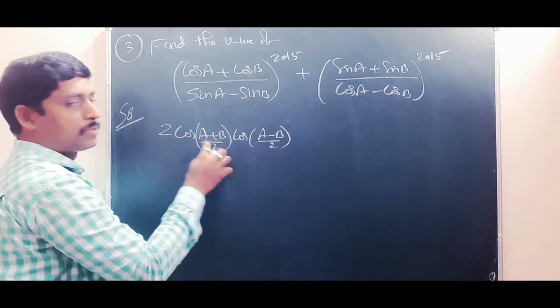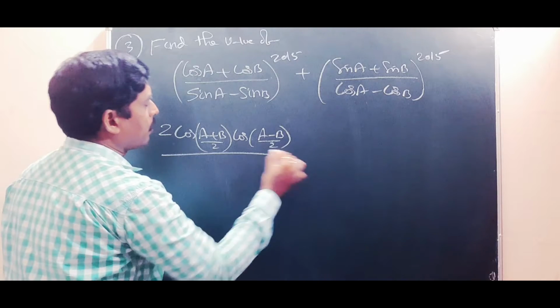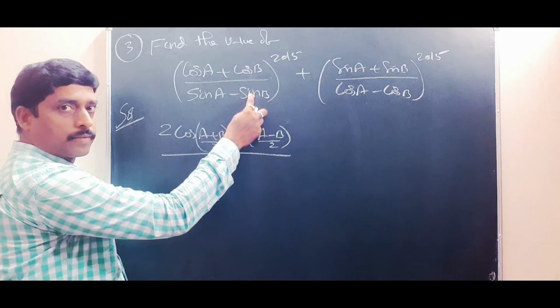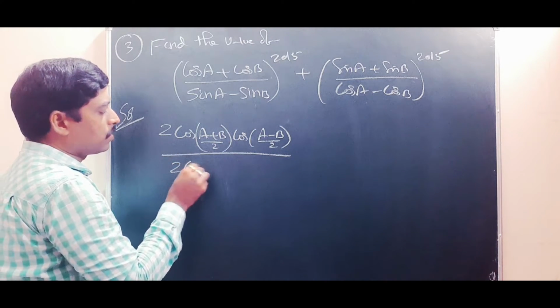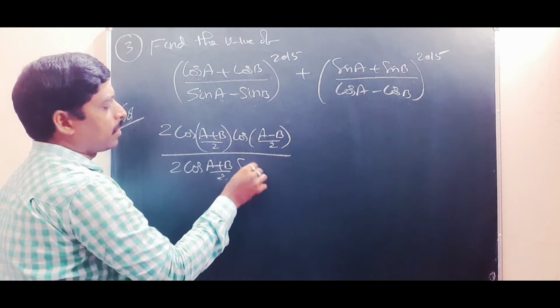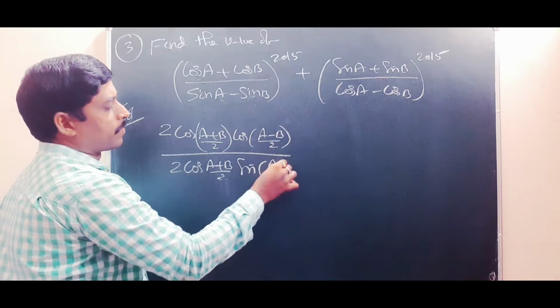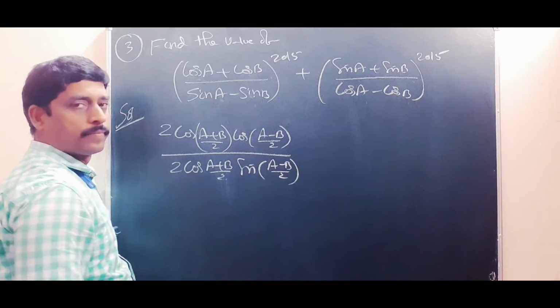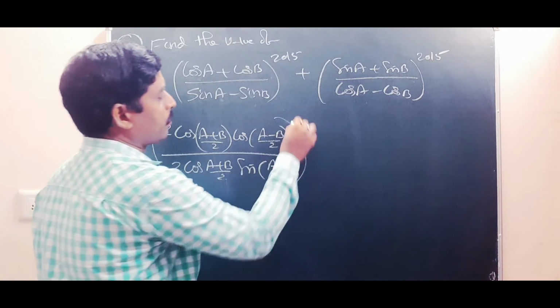This whole divided by sin C minus sin D, which is 2 cos (A plus B by 2) sin (A minus B by 2), to the power 2015.